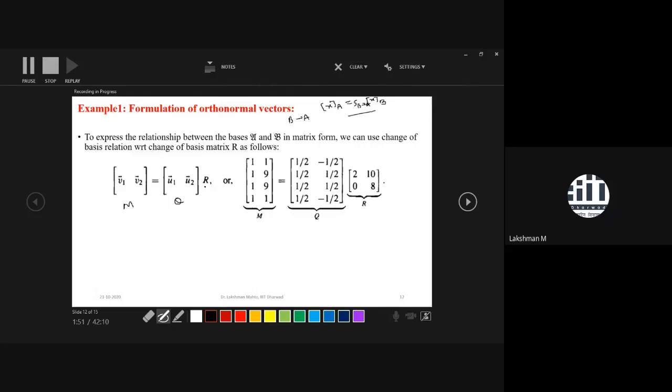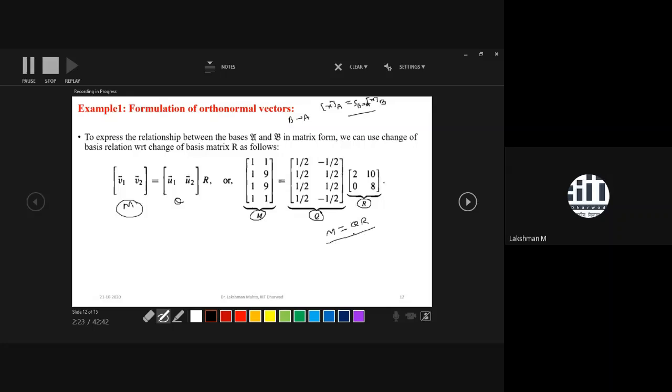If you multiply Q with R, then you will get M. So M is the matrix with respect to the given basis, Q is the matrix with respect to the orthonormal basis, and R is the change of basis matrix. Simply, we can say that we have decomposed M into two factor matrices. One factor is Q, another factor is R.